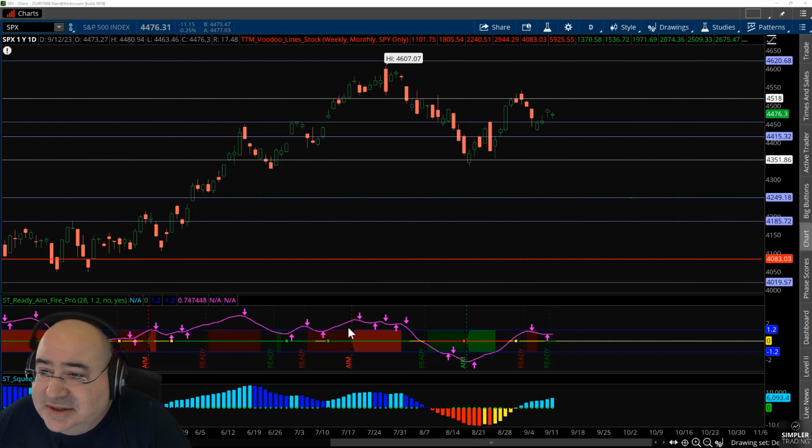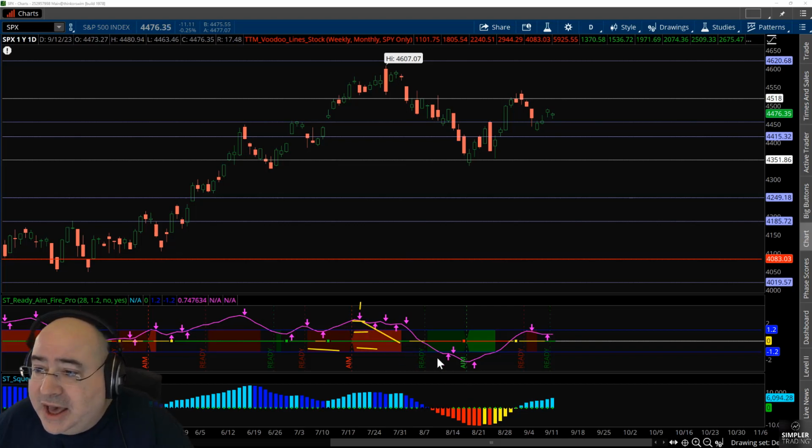So the ideal sell signal, right, is one where you get a ready and then an aim, and then at the same time, subsequent to the aim for a sell, you've got the oscillator above the overbought line, and then from overbought you get a turn back down in the oscillator, showing that it's turning back down.